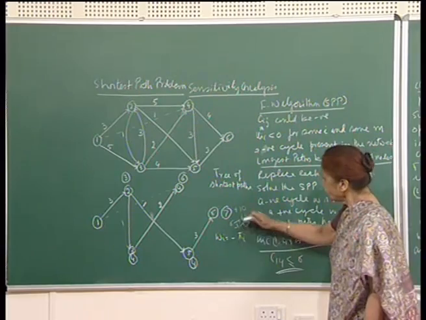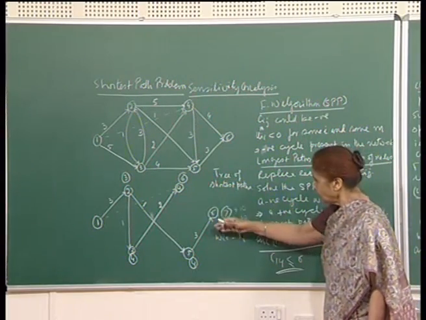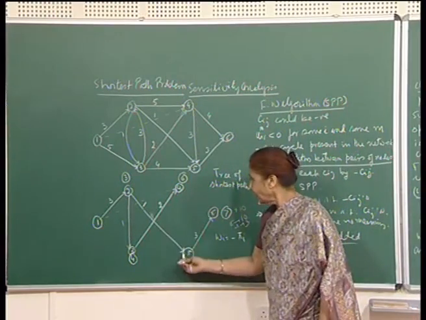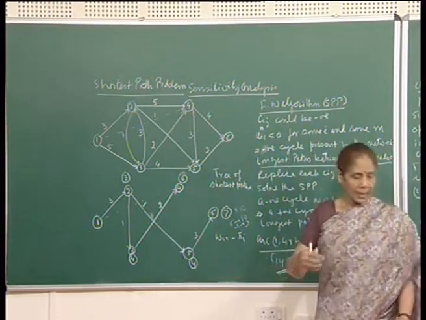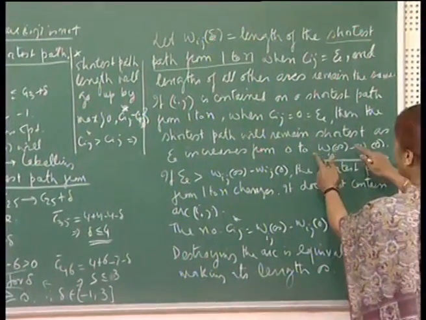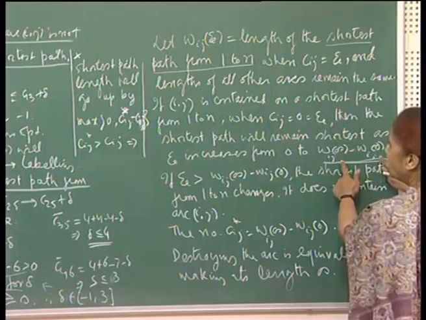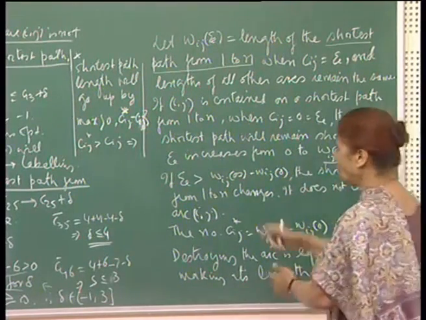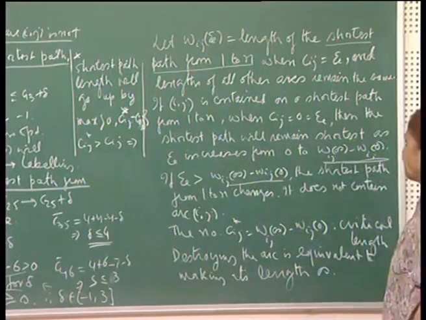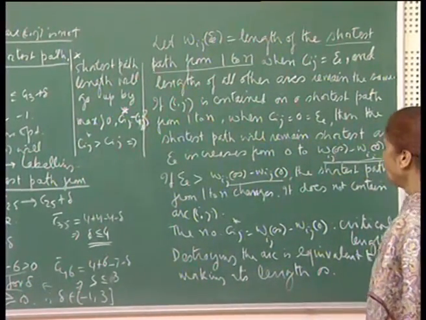But after this, this current path will not remain optimal, and that means arc 2 5 will go out of the shortest path and a new shortest path will come in. So, therefore, this psi can increase up to this number, and then the moment psi becomes bigger than this number, the shortest path from 1 to n changes. So, it does not contain arc ij.